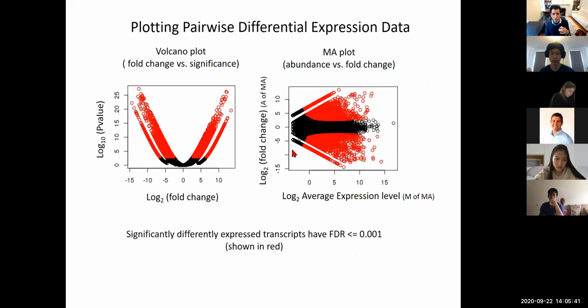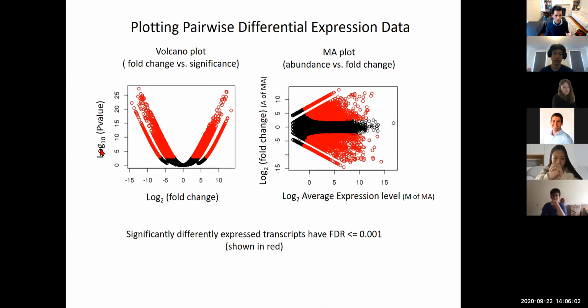All right, and once you've done that, you can plot the differential expression, the fold change, on the x-axis, but on the y-axis you can plot the probability, the confidence with which you have this fold change.